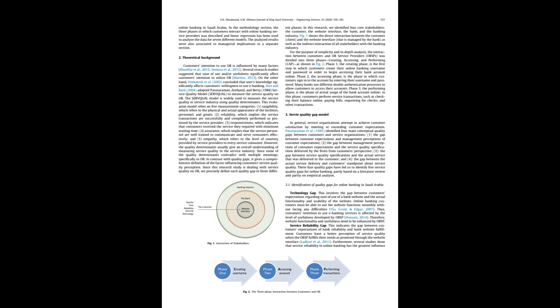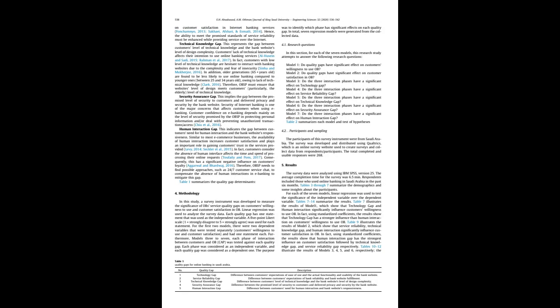That's why we relied on 5 other gaps, also from previous research, which can specifically be used in the online banking case study. Those 5 are going to be demonstrated in the next page. Let's show them here.